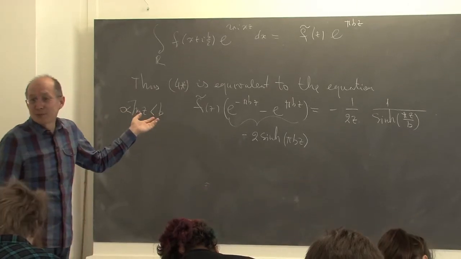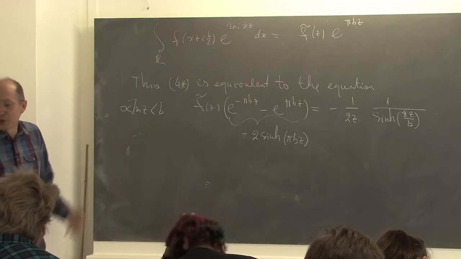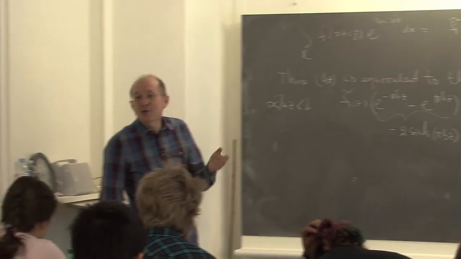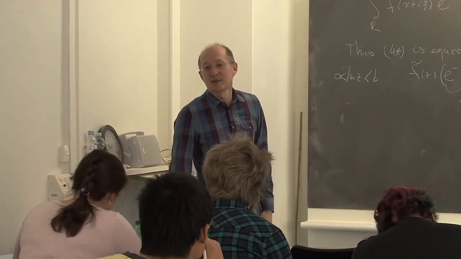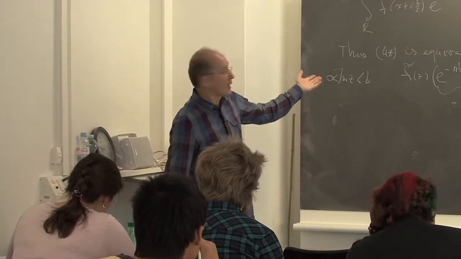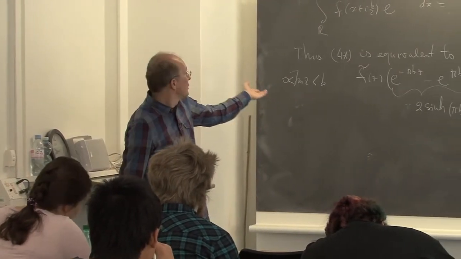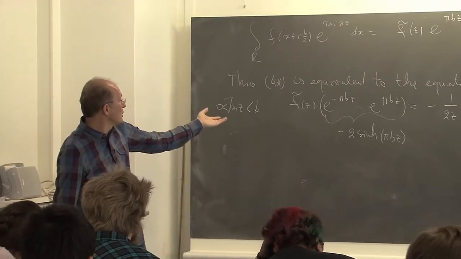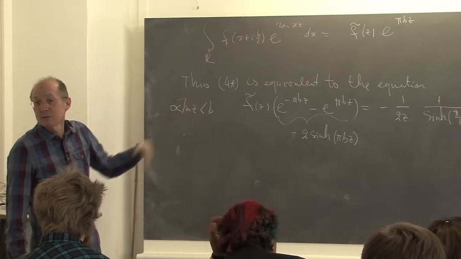And as I promised, but this is not me, as general theory tells us, linear equations with constant coefficients are transformed to algebraic equations in the Fourier world. As you see it here, right? No differences, just a product of f tilde of z with minus 2 sinh pi b z equal to something known.